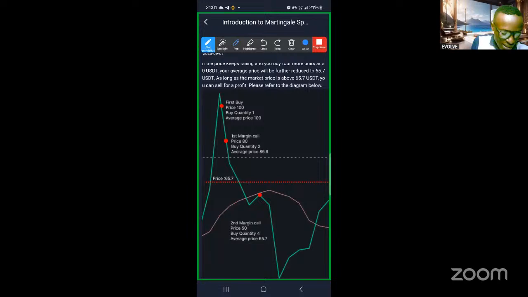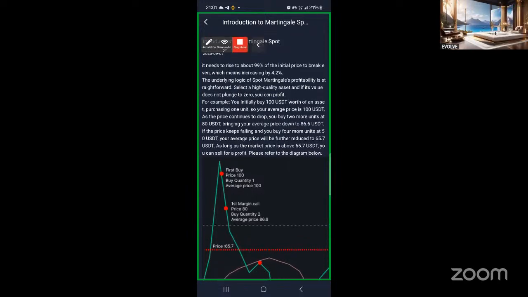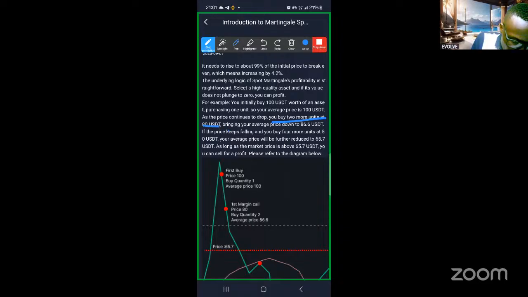So they are telling us you buy 2 more coins at $80, bringing your average price to $86.6. And now they continue to say, if the price continues to fall, you buy 4 more coins at $50 each.